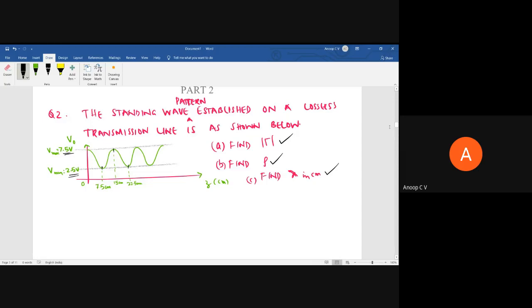So do you want to give it a try or should I only solve? Depending on your opinion, I'll give you some time to try or I'll solve. If you want me to solve, please do type in, I'll solve. Otherwise, I'll give you some time to try out. I don't know how effective it is giving you people time to solve problems in online mode. If it was in class, it would have been effective, it would have made you people think through, right? But now, shall I solve this problem? Or anyone want to try out this?